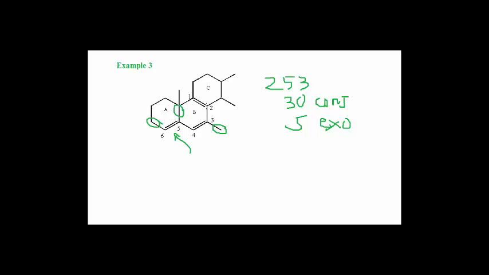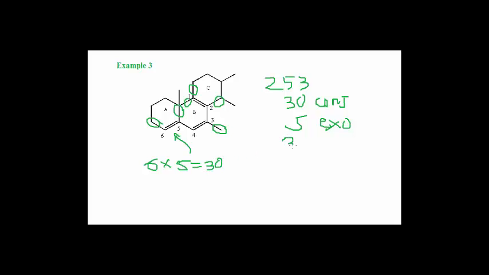Then at carbon 2, we have this ring residue. That's an additional 5, note that. And then at carbon 1, we have 2 alkyl substituents, 2 ring residues here and here. Each one is worth 5. So if you count up all of the alkyl substituents, there are 1, 2, 3, 4, 5, 6. 6 times 5 is a total of 30 nanometers that we'll add.